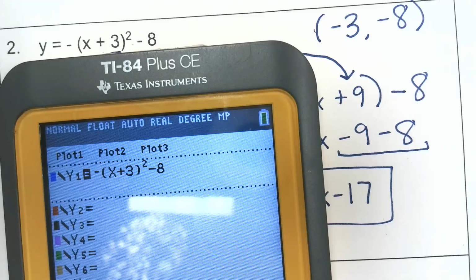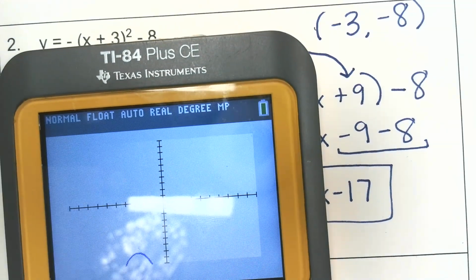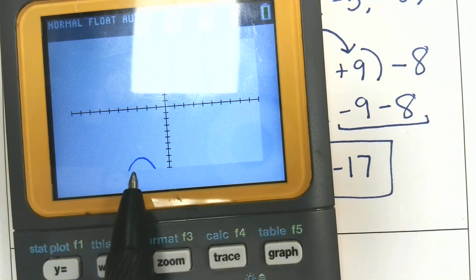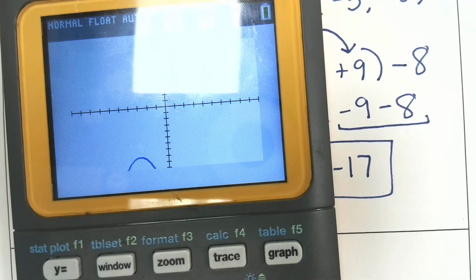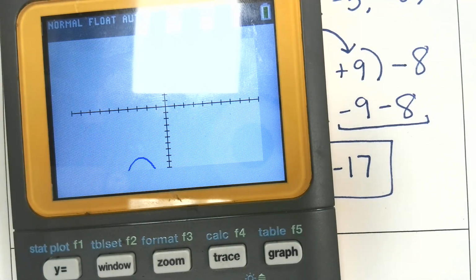And you can do this in Desmos too. I'm just showing you the other way of putting it straight into our TI calculator. Okay, let's hit graph. Oh, there it is, way down here. So that negative is what makes it flip over.